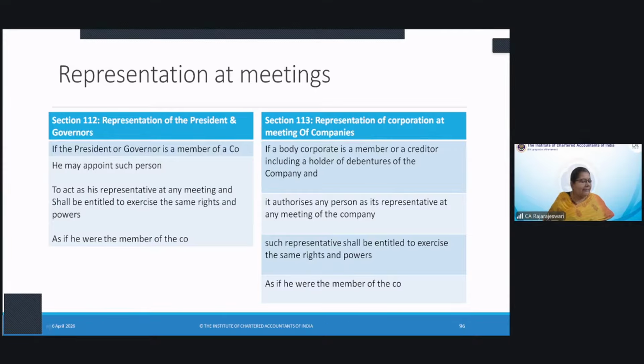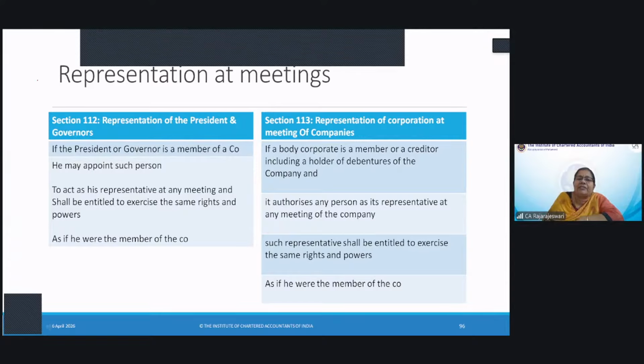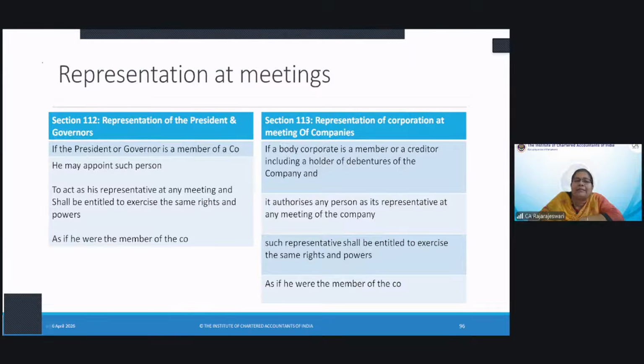Then I was saying the president or the corporation, so they could hold the shares on behalf of the country, and they will not be able to attend the general meeting. So the president will hold the share for, assume, a defense company. It is taken only by the government.